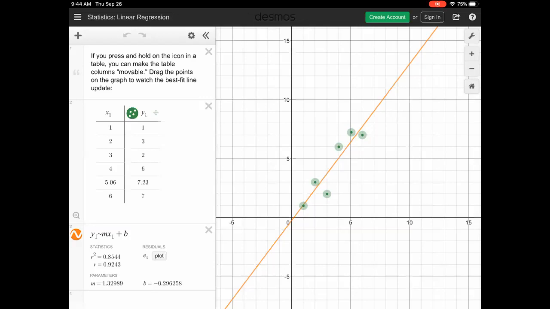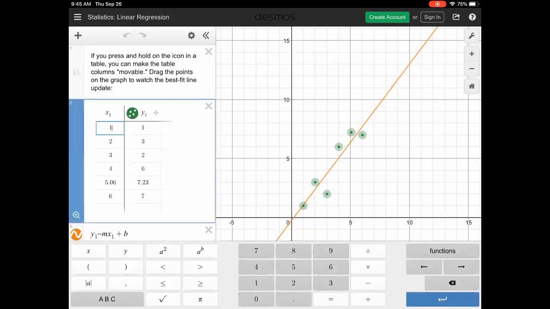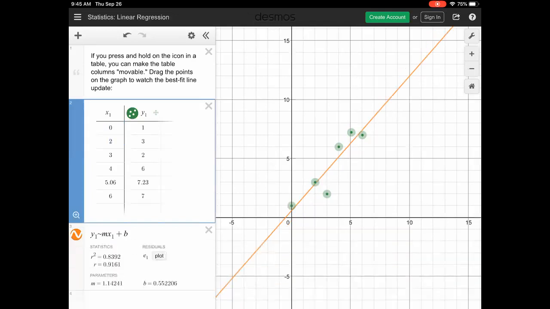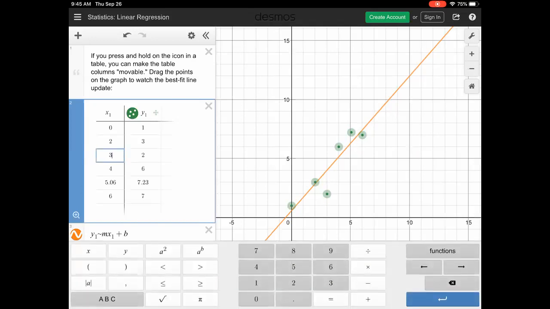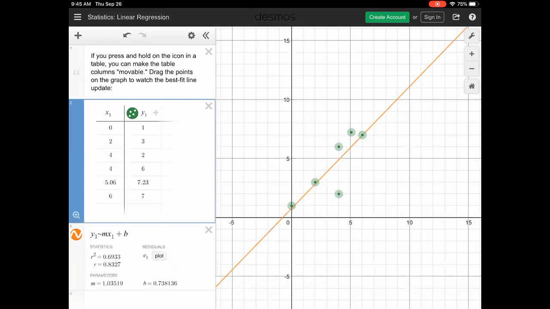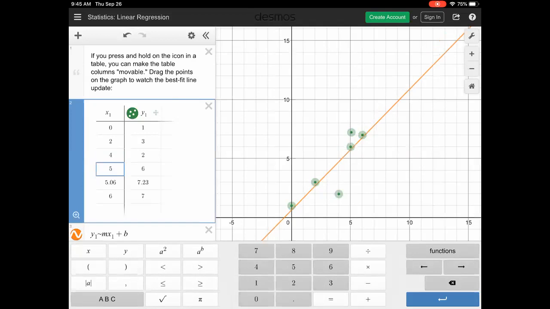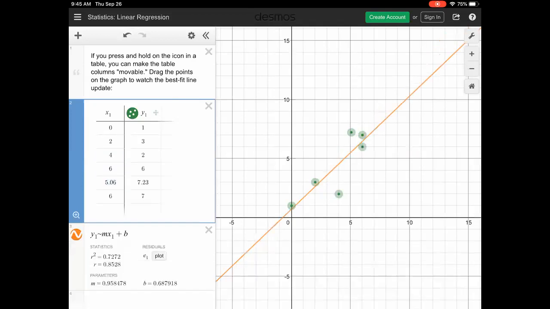So let's see here. If we go through, we have 0, 2 is 2, 3, I'm going to change to 4. Oops, not 5, 6.